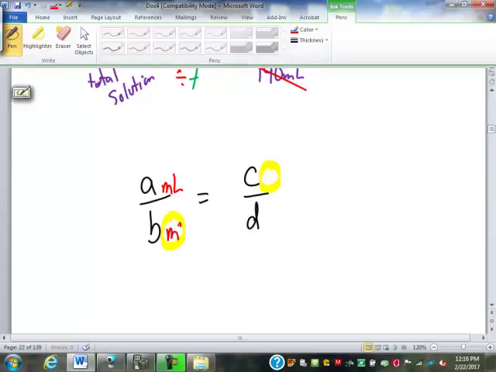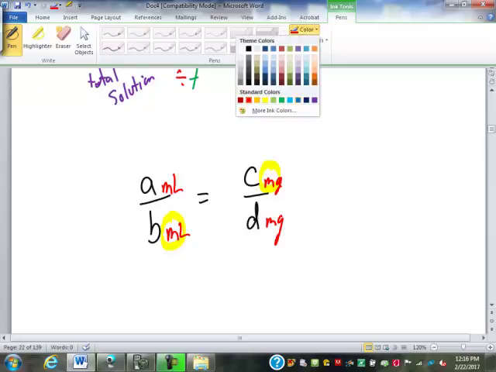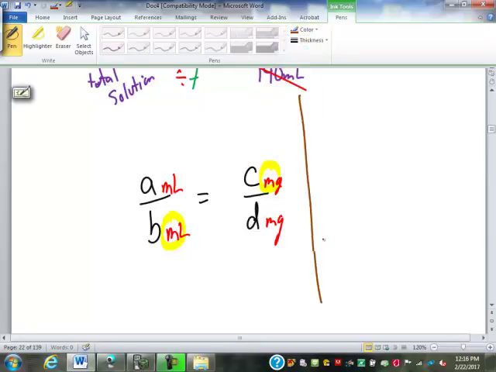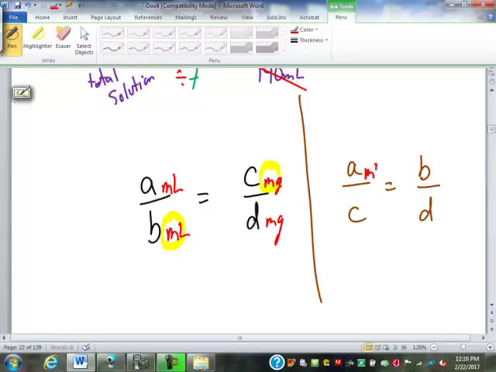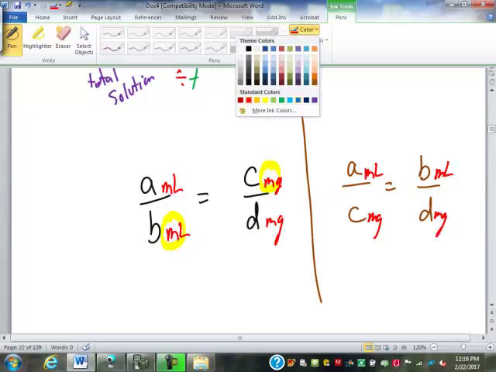So if this one's milliliters, then these two have to be the same. If this is milligrams, this would have to be milligrams. Or that could be set up like this. This one's milliliters, then this one is also milliliters. Then both of these on bottom are milligrams. The relationship has to go one of those two ways.